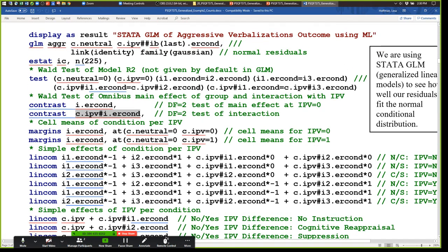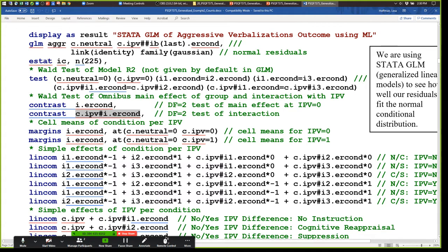So Wald tests come in two flavors, right? Univariate and multivariate. Univariate means you're testing one thing. That's what shows up on your output: your parameter, the estimate, standard error, either a t or a z, and a p-value. That's univariate, testing one thing. If you want to test more than one thing at a time, you have to ask for it.